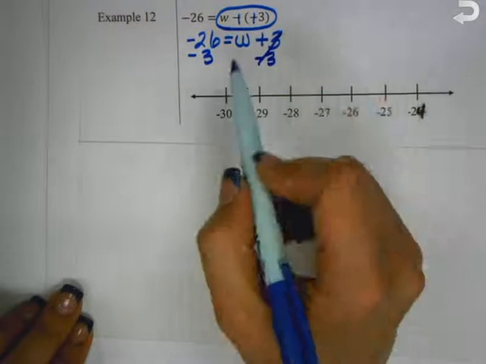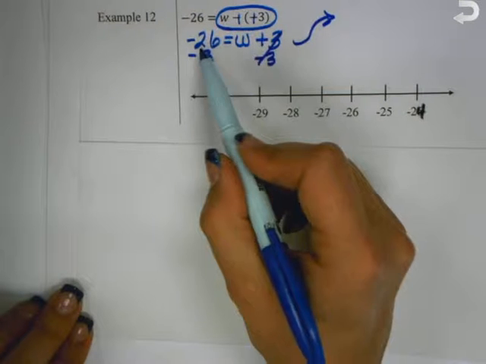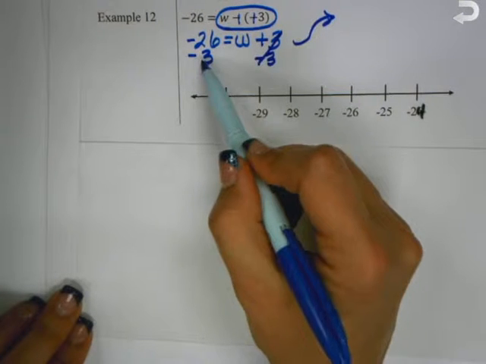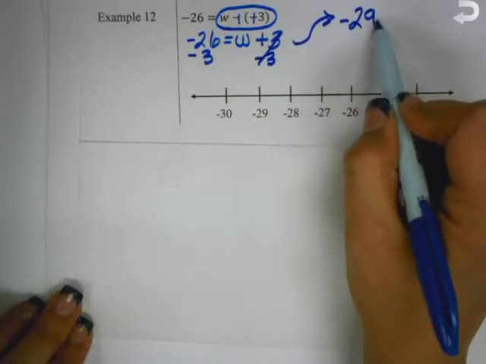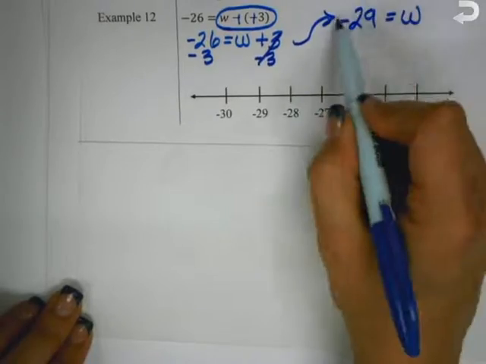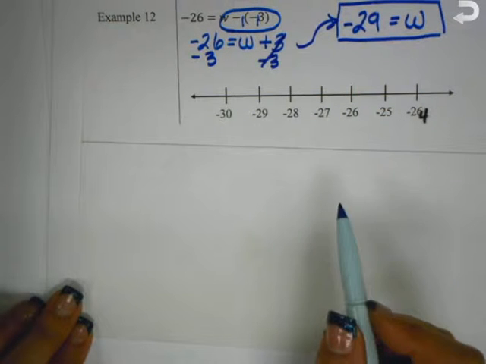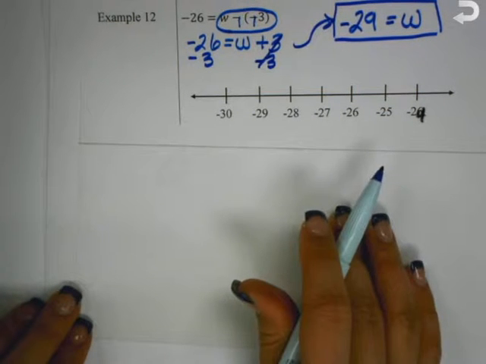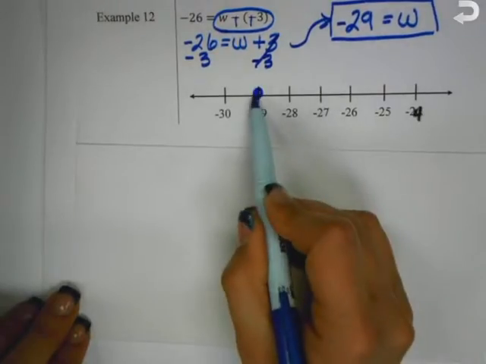That's going to be negative 29 equals W. Which means it's just going to be a closed dot, right? So a closed dot at negative 29. And that's it.